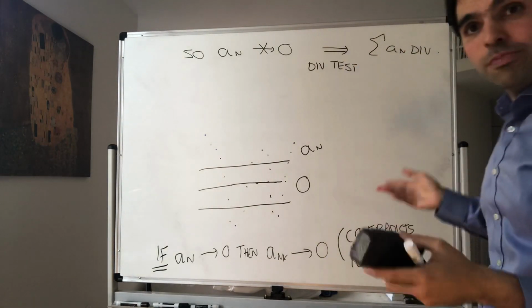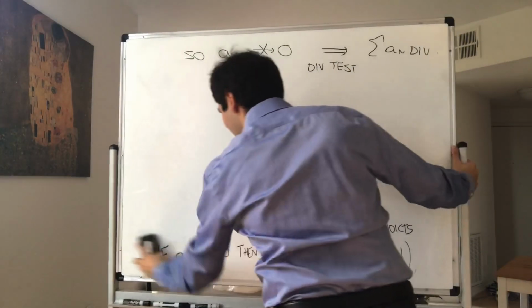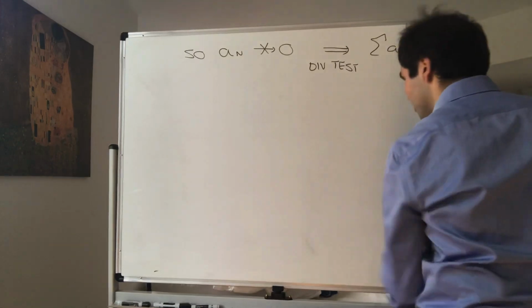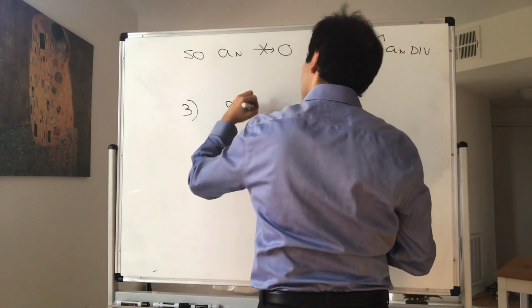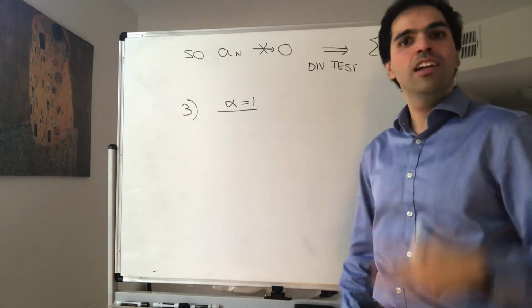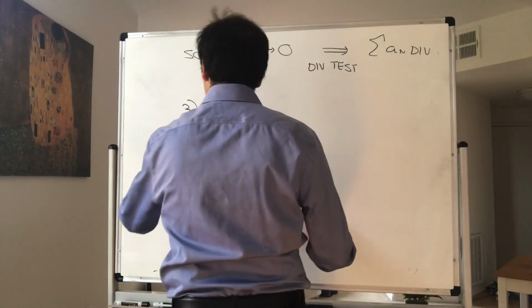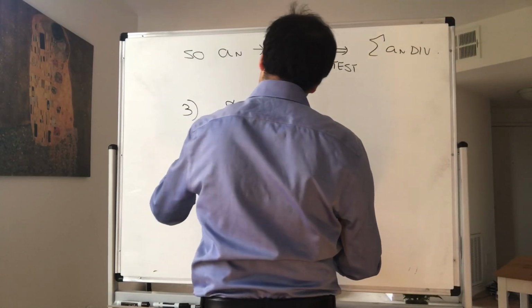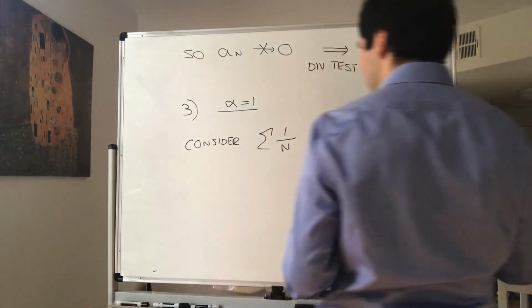All right, and last but not least, what about the last fact? What if alpha is 1? How do we show it's inconclusive? Well, let's just find two series with alpha equal to 1, one which converges and one which diverges. So consider first of all the series of 1 over n, from 1 to infinity.